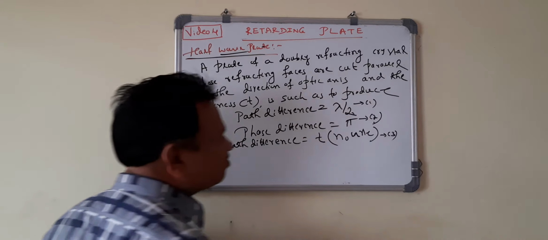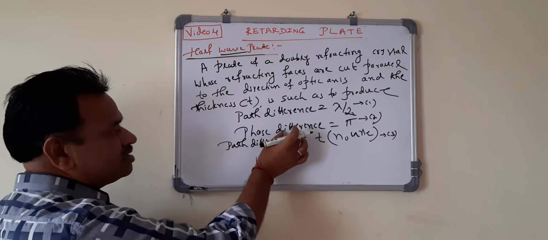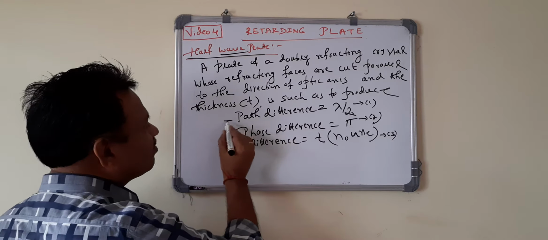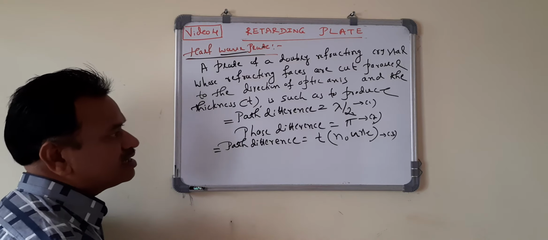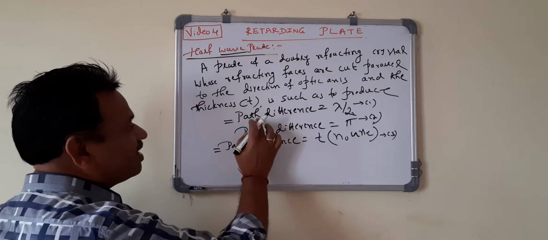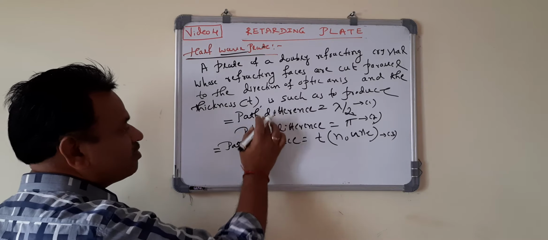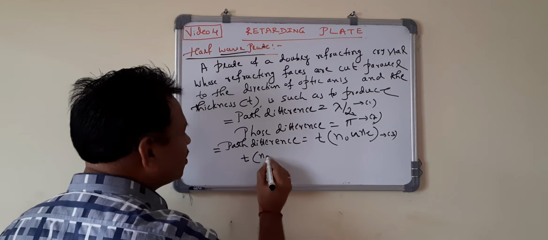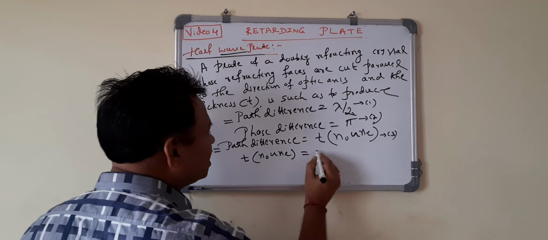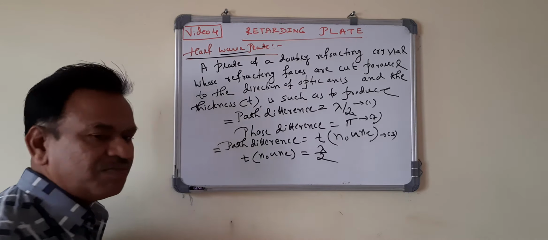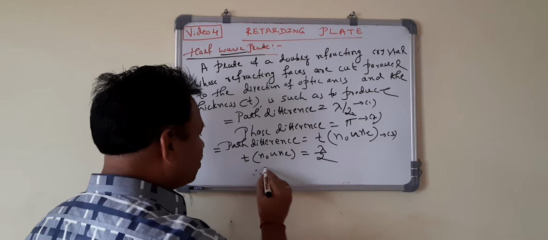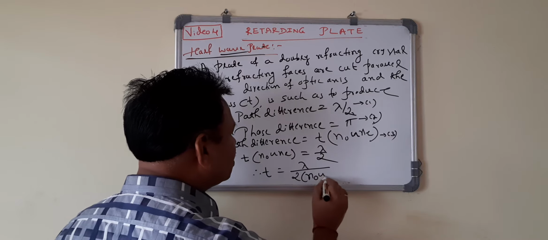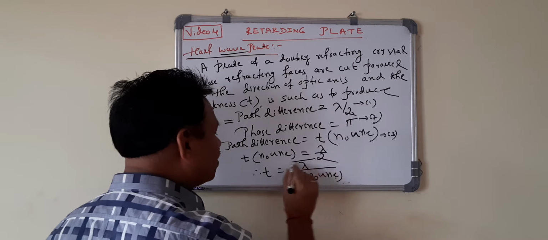This is equation number 3. Here the LHS is also path difference. I am considering this equation. Now I will equate equation 1 and 3. So can I write T into NO difference NE equal to lambda by 2. Therefore, T equal to lambda divided by 2 into NO difference of NE, students.